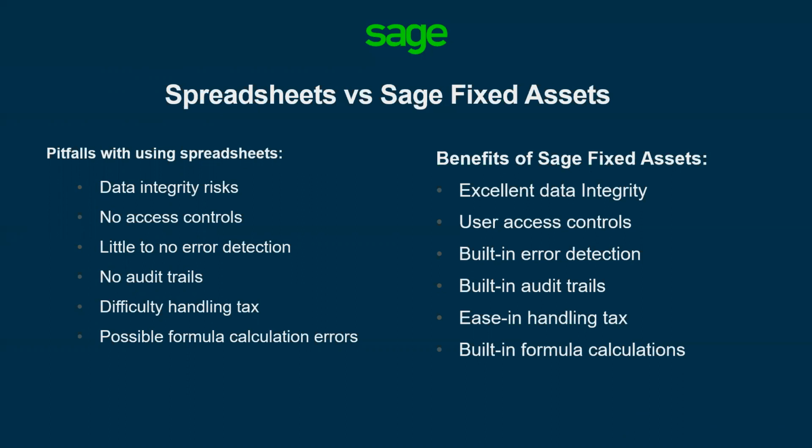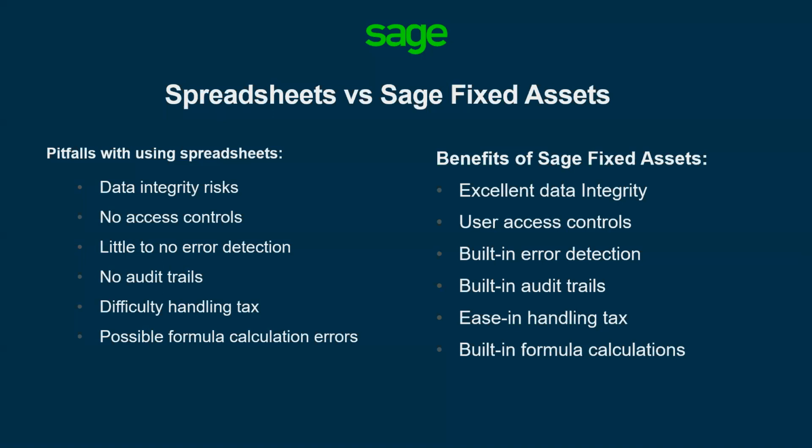Our Sage Fixed Asset Solution, of course, provides excellent data integrity as well as the ability to manage how users can access the solution by creating different profiles. Error detection is pretty much non-existent in a spreadsheet, whereas our Fixed Asset Solution has built-in error detection, built-in audit trails, and of course, ease of handling tax because of all of the built-in tax rules. And those are all benefits that you cannot get out of a spreadsheet.